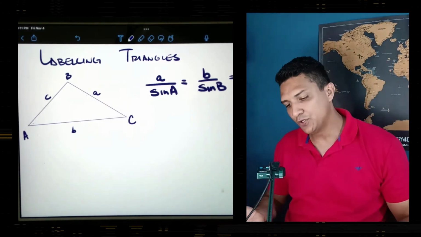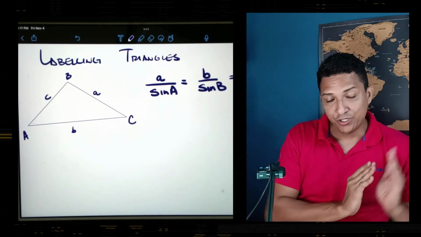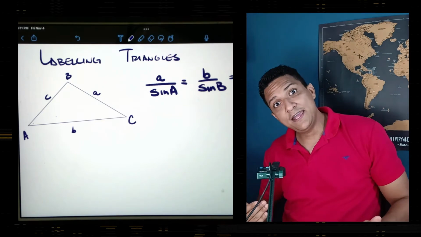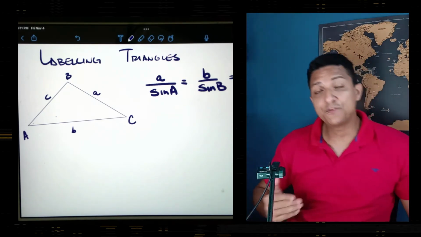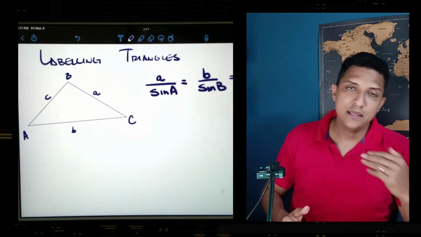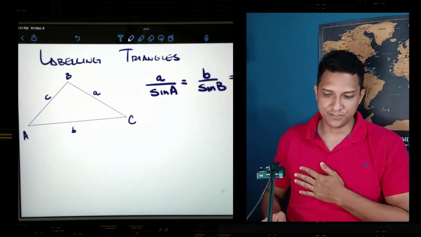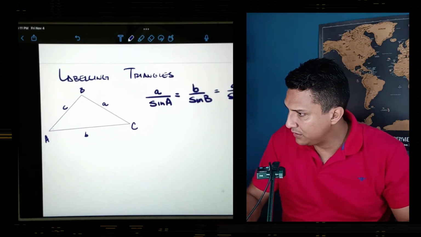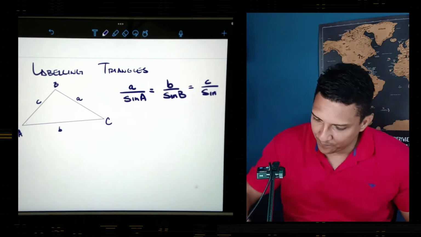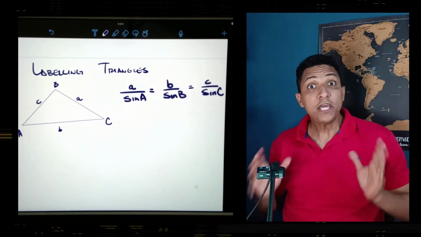If we have to read it, we're going to say that the proportion a to sine of A equals the proportion of side b to sine of B, and equals the proportion of side c to sine of the angle C. Now you can see it better.